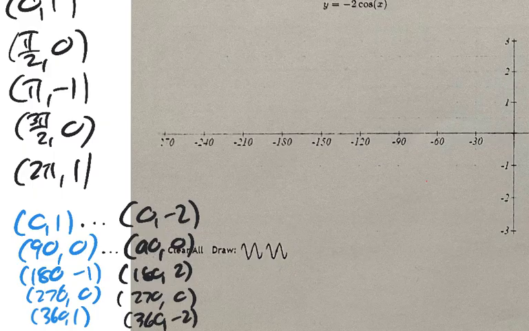Everybody's okay with that? I multiplied all my y's by negative 2. So let's graph these points. I've got 0, negative 2. That's great. Next is 90, 0. I can't go that far, right?